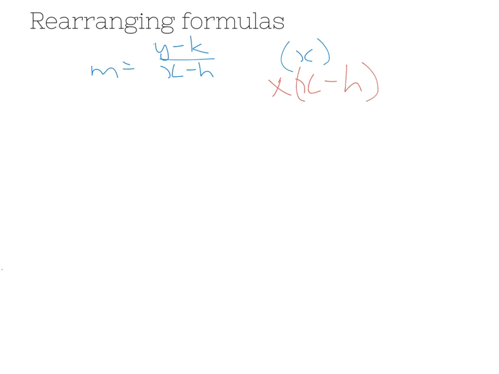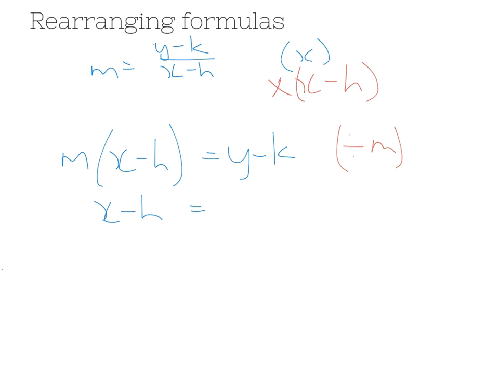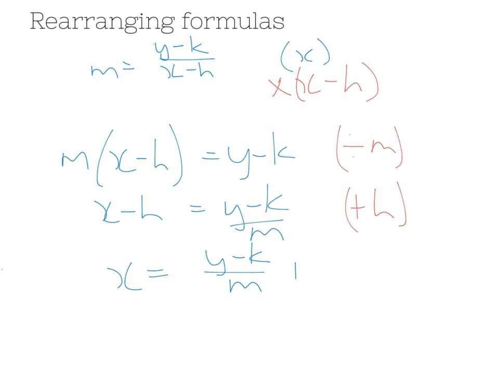So we have then m times x minus h equals y minus k. Now we have m on the left to get rid of first, so we divide both sides by m. So now we have x minus h equals y minus k over m. We now add h to both sides, so we have x equals y minus k over m plus h.